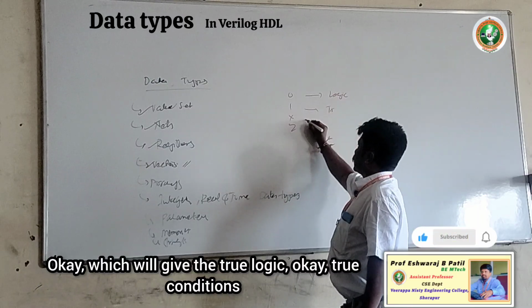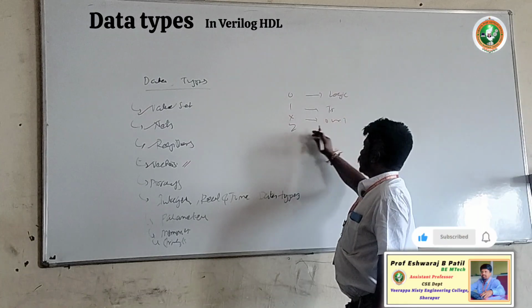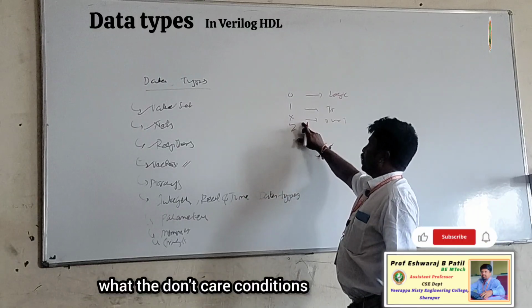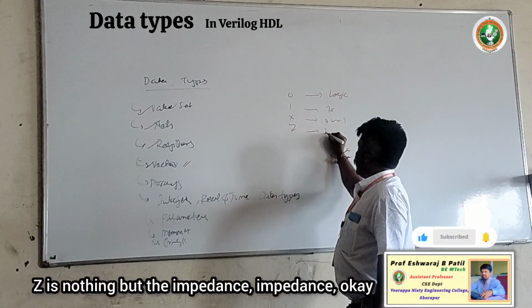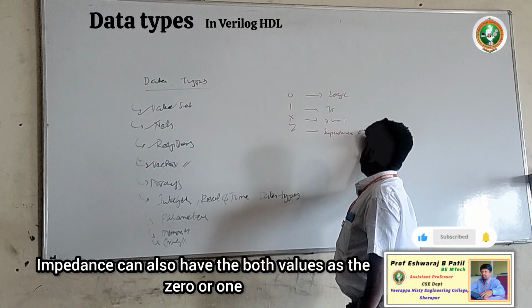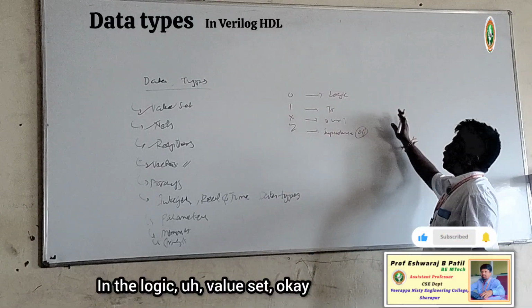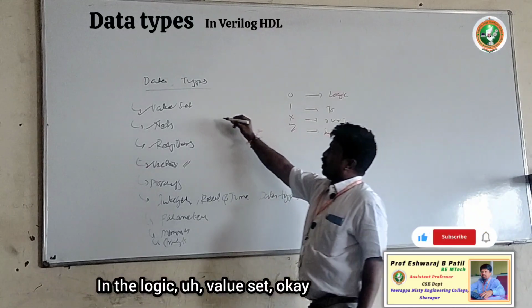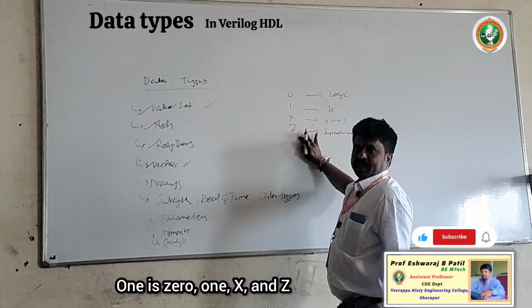X is nothing but the logic can have 0 or 1, like the don't care conditions we saw in the last class. Z is the impedance, which can also have both values 0 or 1. People get confused in the logic value set. Around 4 types of value sets are there: 0, 1, x and z.